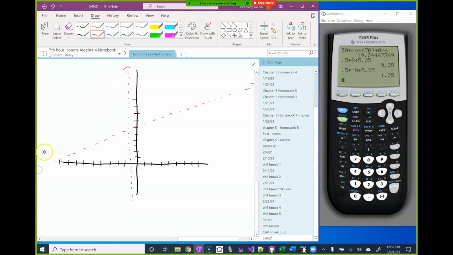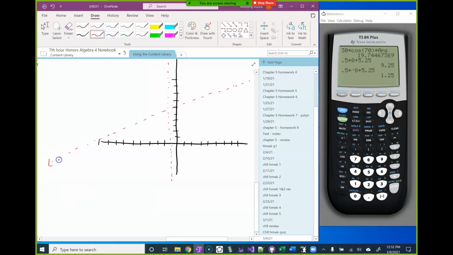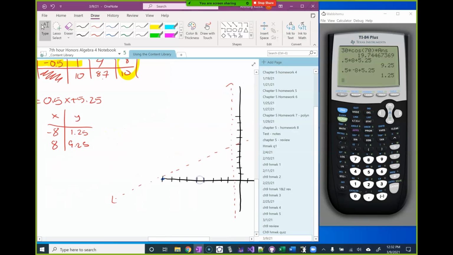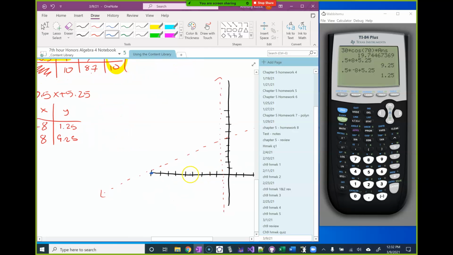All right, I'm going to plot my points. So here is -9, 0. And I have -5 and 1.3. And then I have -2, 0. So I'll draw that piece. Everybody okay there? Then I'll do the next one here.